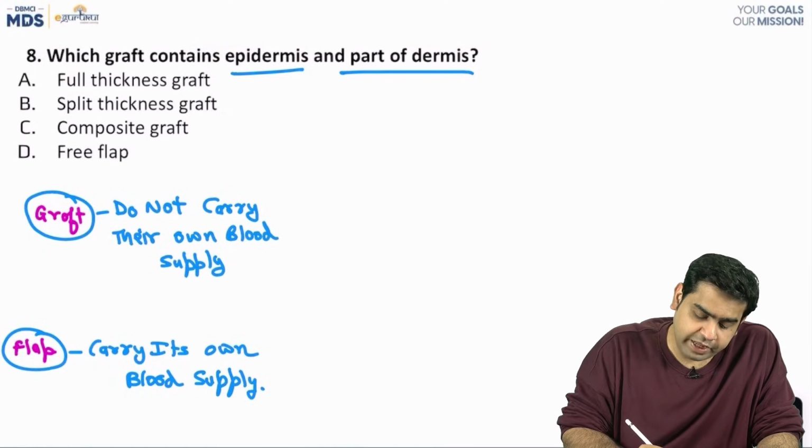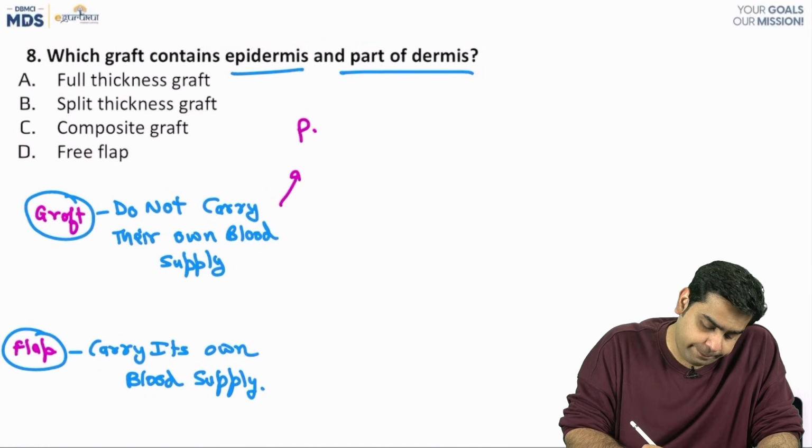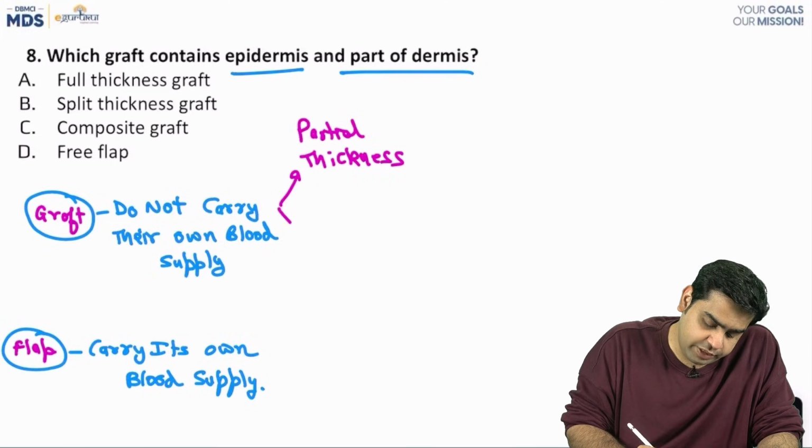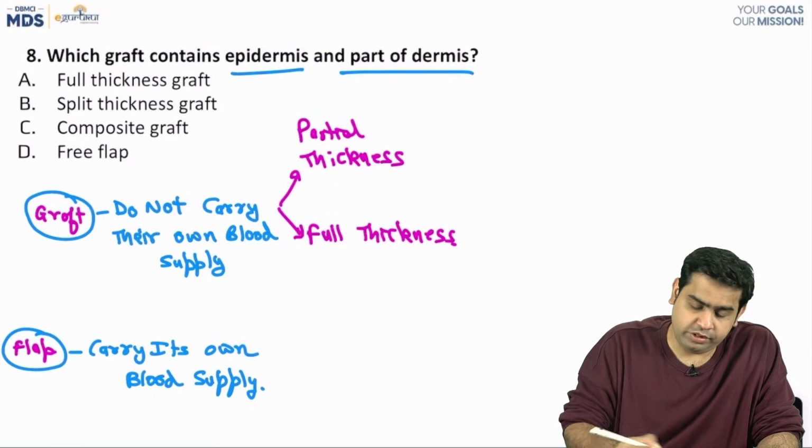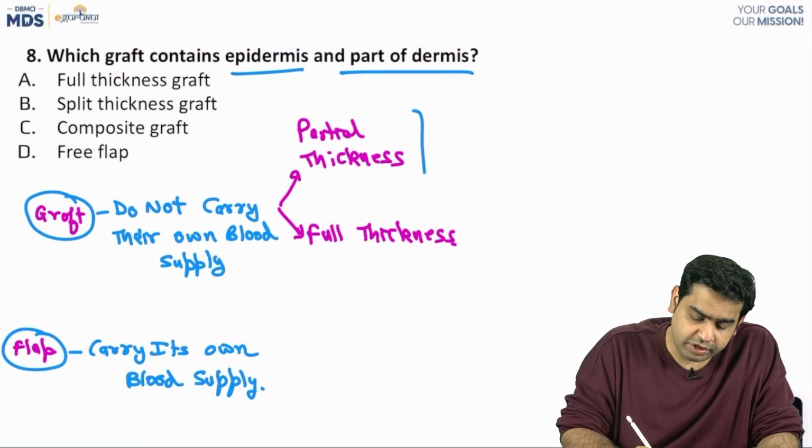Now the graft can be either partial thickness or they can be full thickness. So what about the partial thickness grafts?